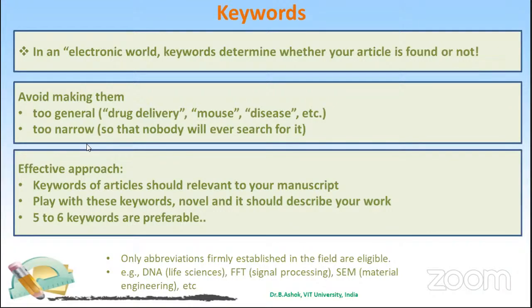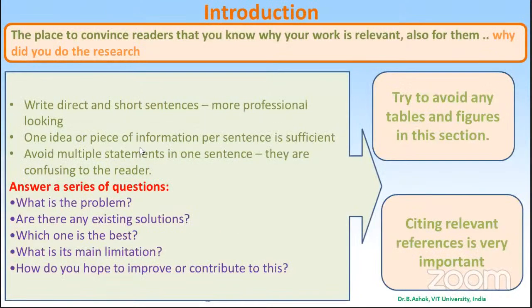Again, you should not use too narrow keywords, such as words known only to your lab or your student community. They should be wide enough to span the research community.